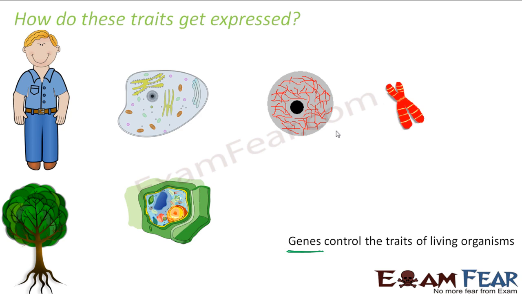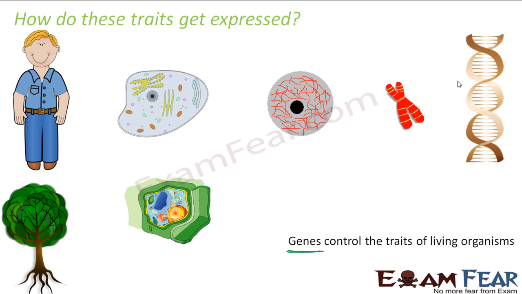If we look at each chromosome in detail, we can see these regions which are known as genes, and genes are nothing but made up of DNA. So a specific section of DNA which codes for a particular protein is known as a gene. So these genes actually control the traits of living organisms. These genes actually tell us how the living organism is going to be.